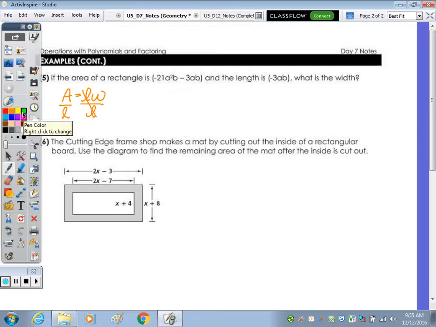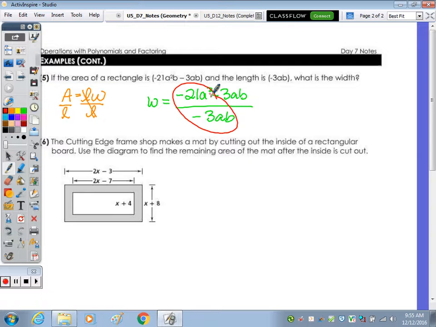So if I take the area, the width equals negative 21 A squared B minus 3AB, divide that by negative 3AB, we'll get our answer. So negative 21 divided by negative 3 is a positive 7.